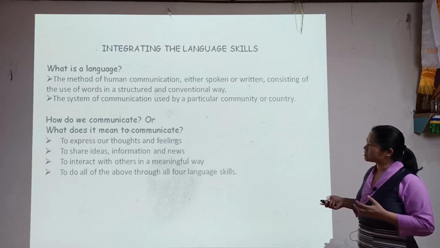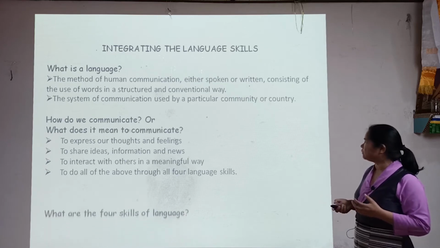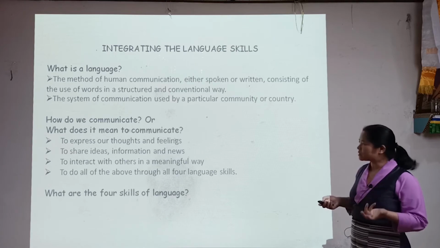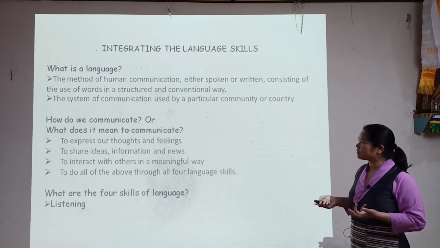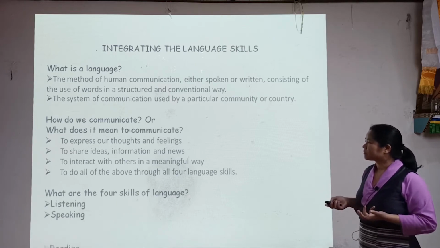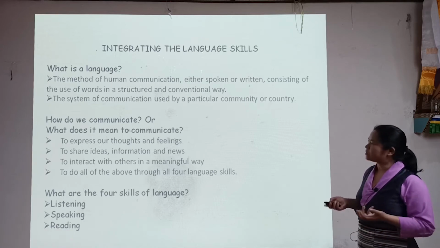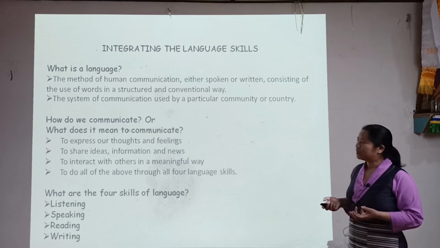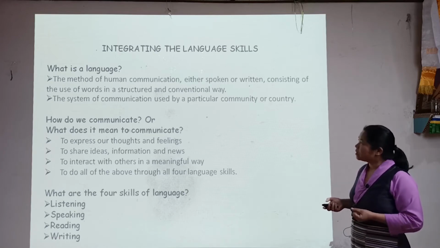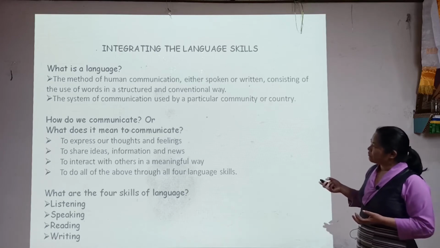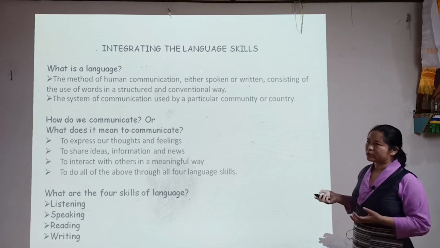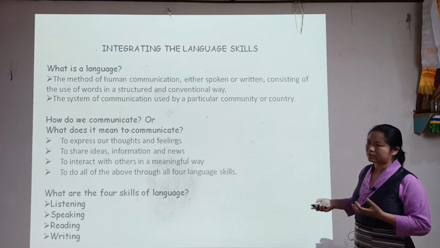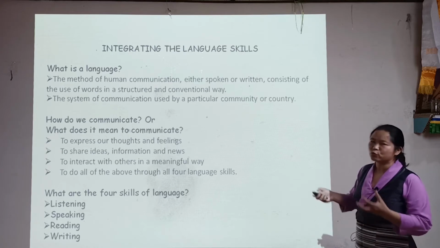Next question is, what are the four skills of a language? We all know that there are four skills of language, which are listening, speaking, reading, and writing. Nowadays, people even say thinking is the fifth skill of language learning. So if we want to learn a language, if we want to learn English, it is important for us to integrate, combine all these four together.